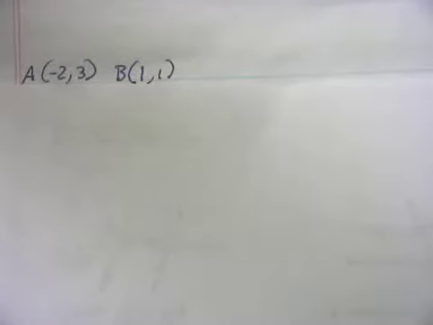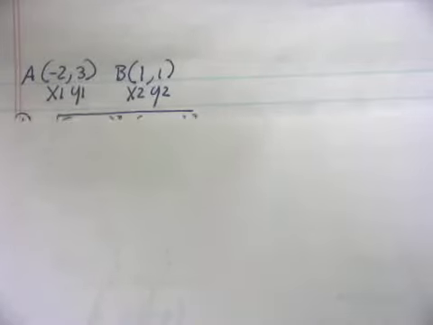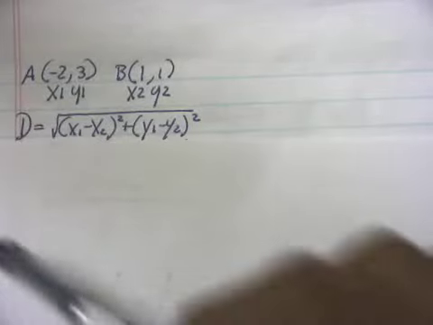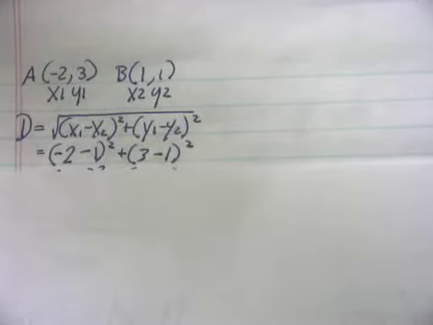Points A and B are (-2, 3) and (1, 1). Well, I labeled my coordinates x1, y1, x2, y2. I wrote down my formula.